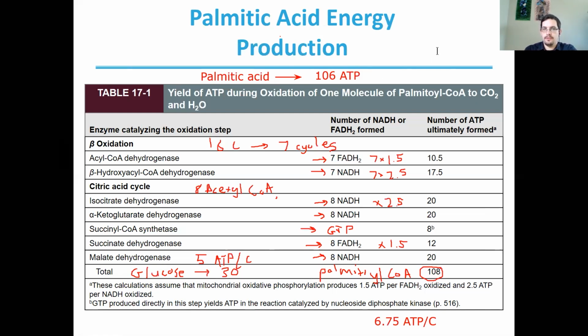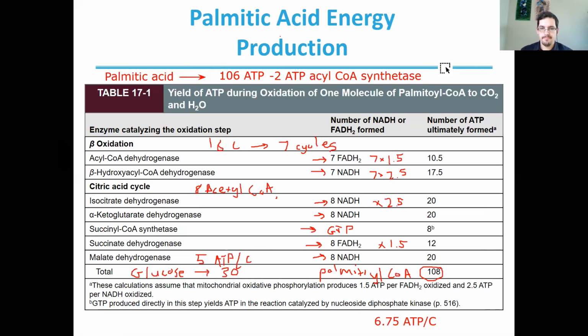Because you lose 2 ATP from the acyl-CoA synthetase. So that slightly reduces the efficiency, but overall, we are producing more energy per carbon than we do for glucose.